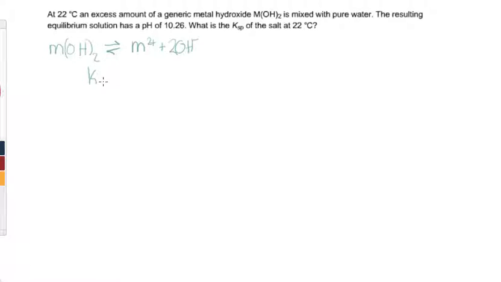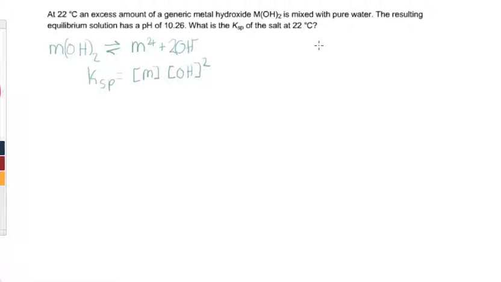So my solubility is going to be concentration of the metal times the concentration of hydroxide. That's going to be squared. Okay. Now the question is, how much hydroxide do I have?